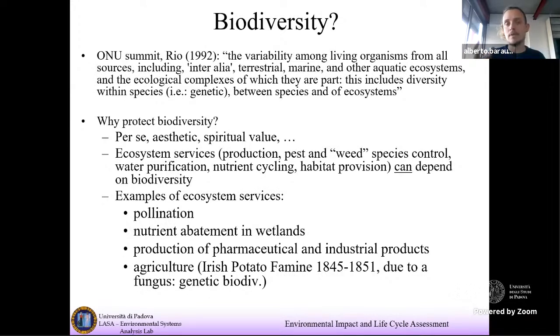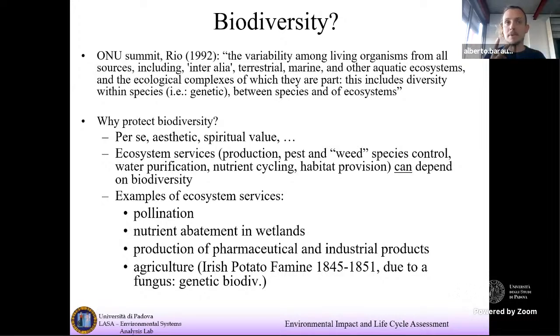For example, we love seeing, I don't know, dolphins swimming, and that's one key point. Okay, but the European policy with regards to biodiversity actually stresses that we need to protect biodiversity because it's useful to us as well. These are two different and complementary arguments, okay?